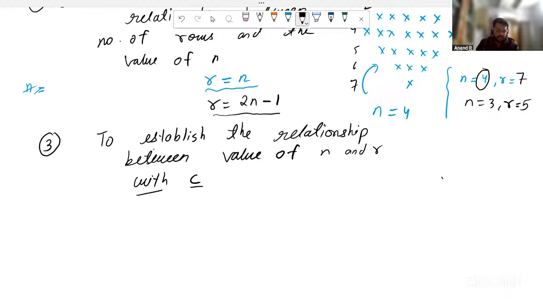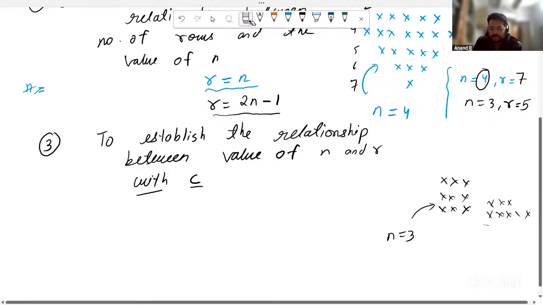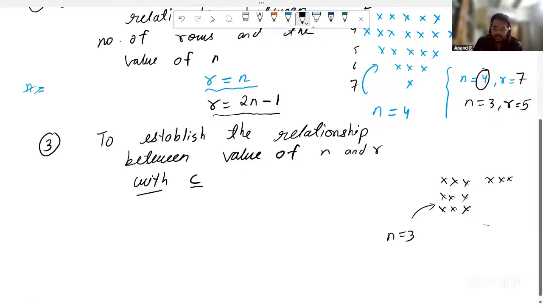So let's look into this particular pattern. Let's say n is equal to 3, you have to print something of this sort, and something of this sort when n is equal to 4.